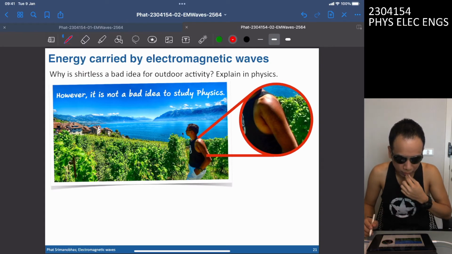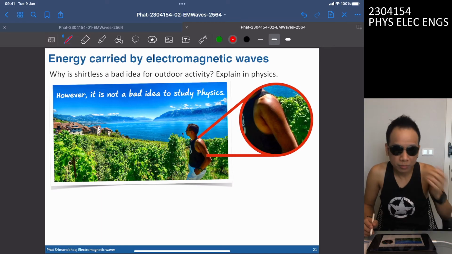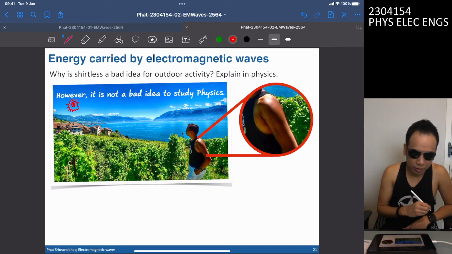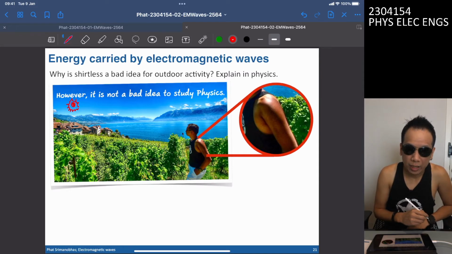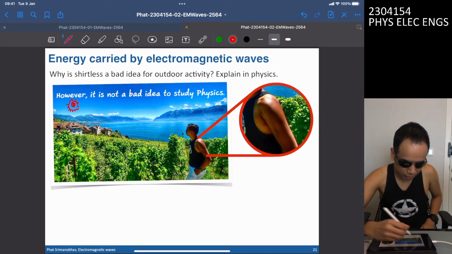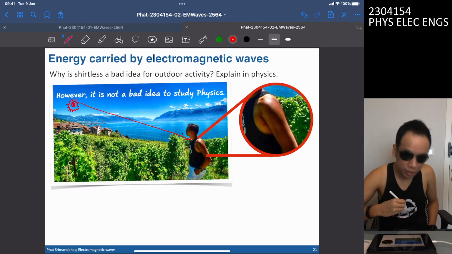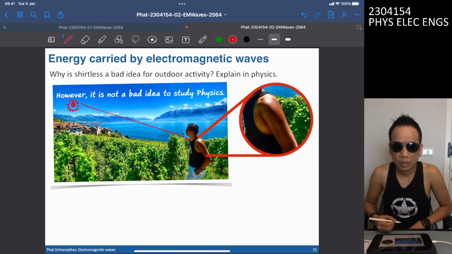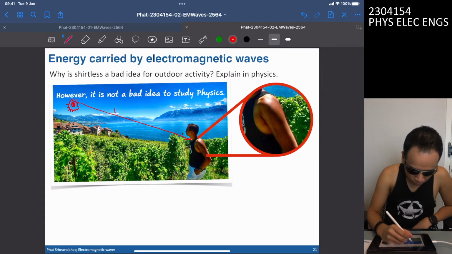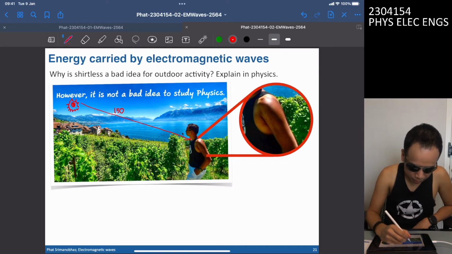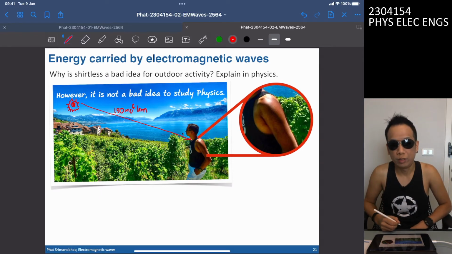So you get the light. Where does the light come from? It comes from the sun, right? So assume you have the sun here. And then the sun radiates the light, the electromagnetic wave, to the earth. So it's radiated to this poor guy, at a distance of roughly 150 million kilometers.